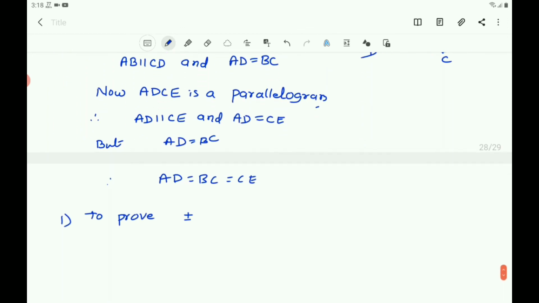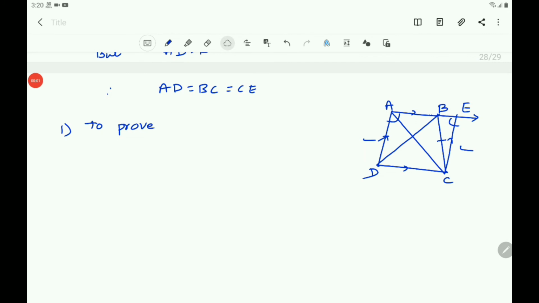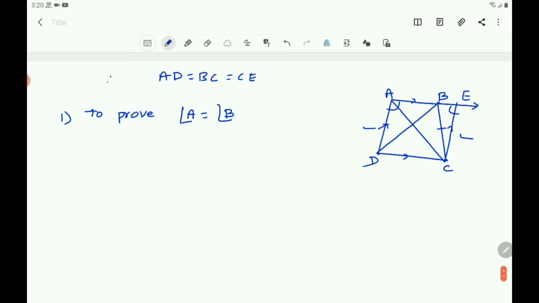Therefore you write, to prove angle A equals angle B. So here the sum of angle A plus angle E equals 180 degrees. You can give the reason: interior angles on the same side of the transversal AE, or the consecutive angles of the parallelogram ADCE.